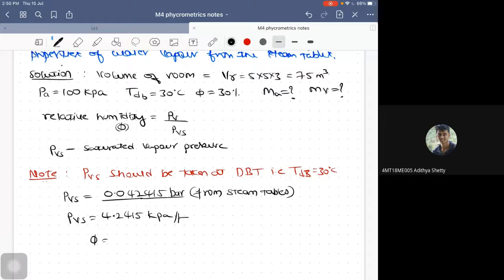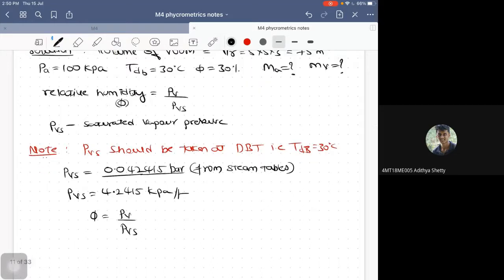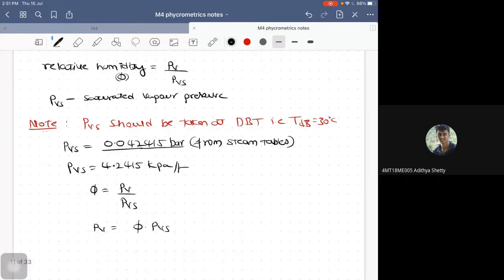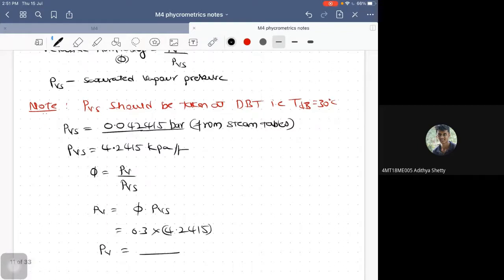Phi is equal to PV divided by PVS, so the value of PV is phi times PVS. Phi is 0.3, 30% of PVS. PVS value is 4.2415. So what is the value of PV in kPa?